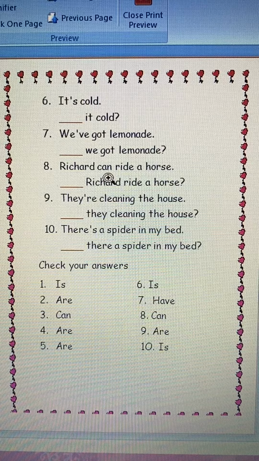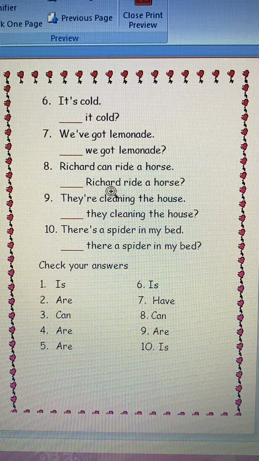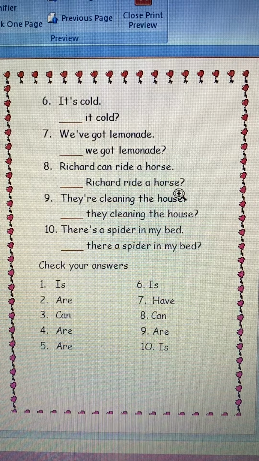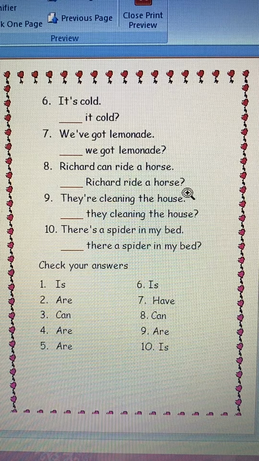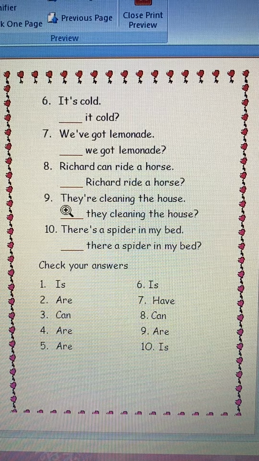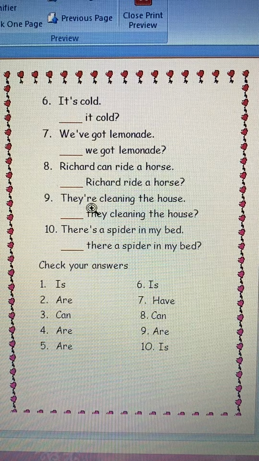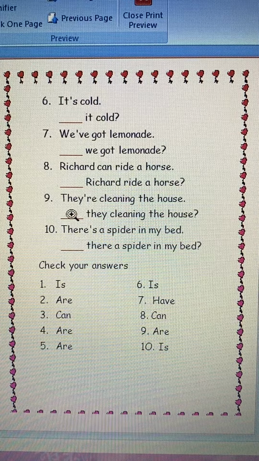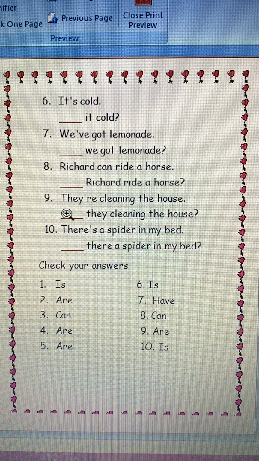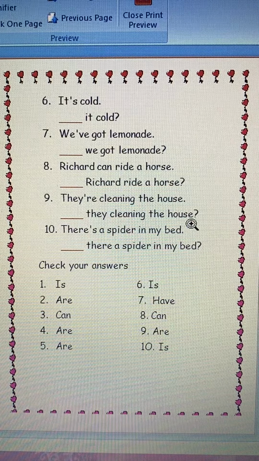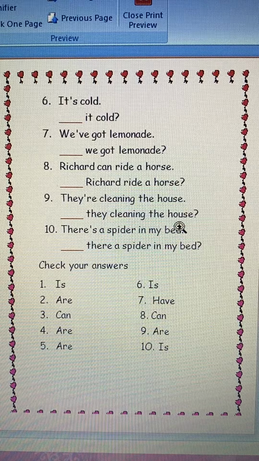And what is the verb? Can. Okay. Can Richard ride a horse? Number 9, they are cleaning the house. Are is the verb be. So you have to write are before the subject. Are they cleaning the house?